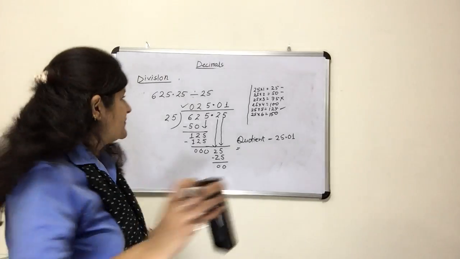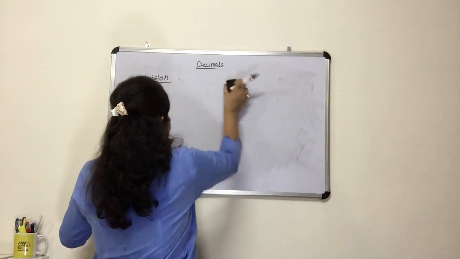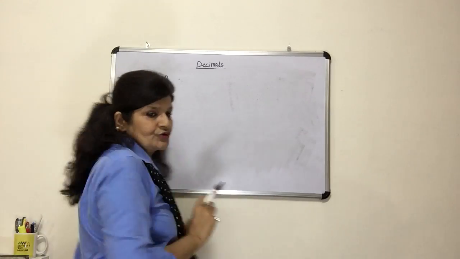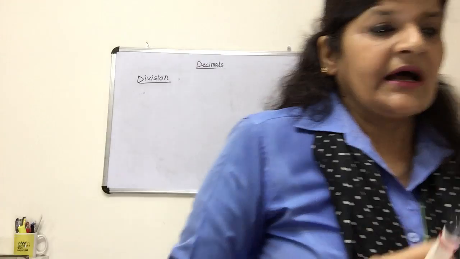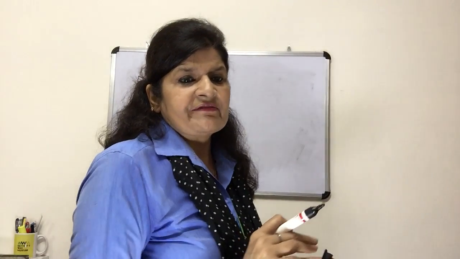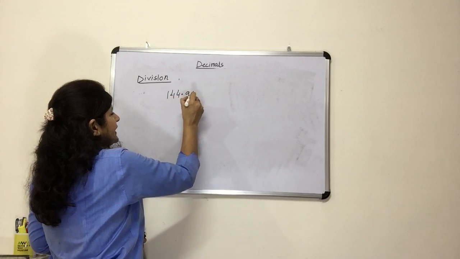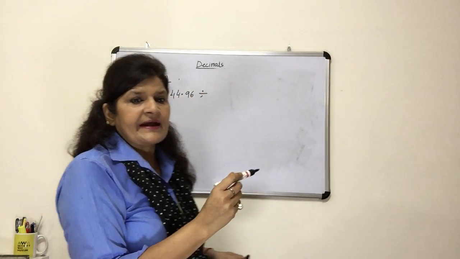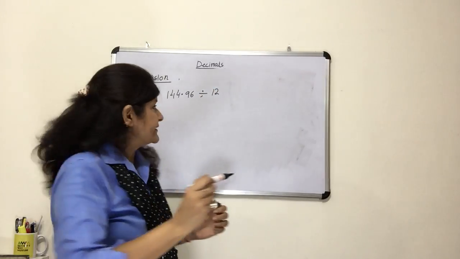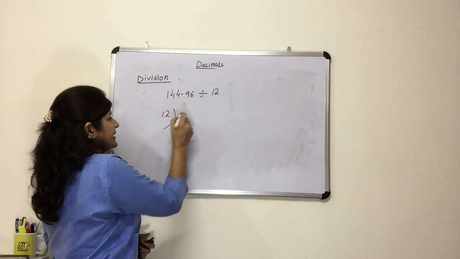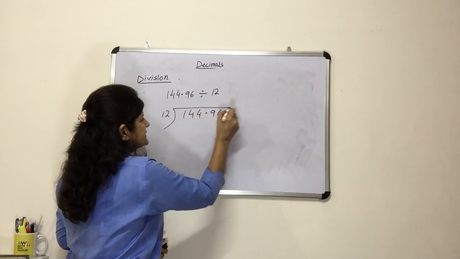Now one more example I'll give you from your book only. So I'll give you 144.96, and it is divided by 12. I'm taking a little complicated one so you can better understand. 144.96.